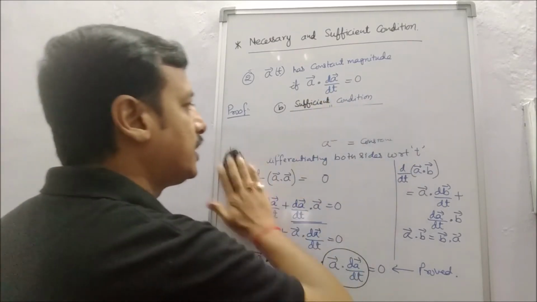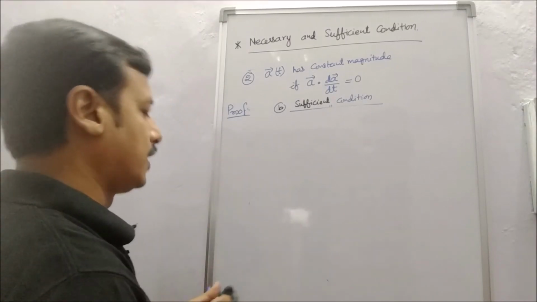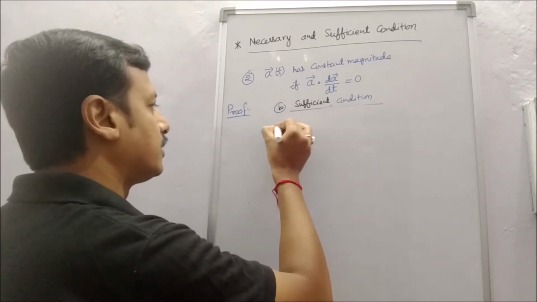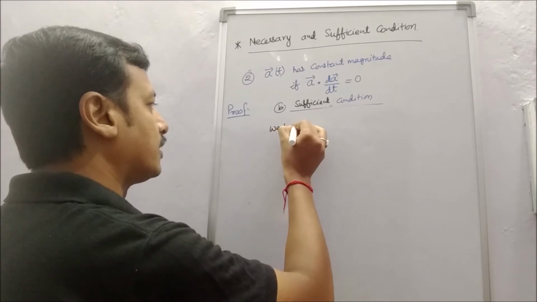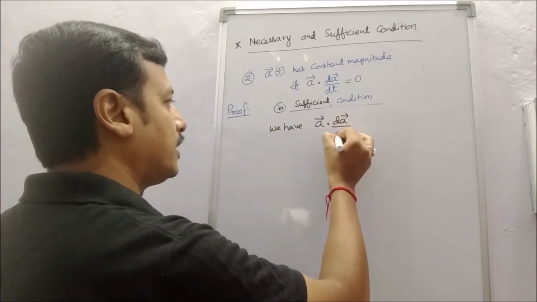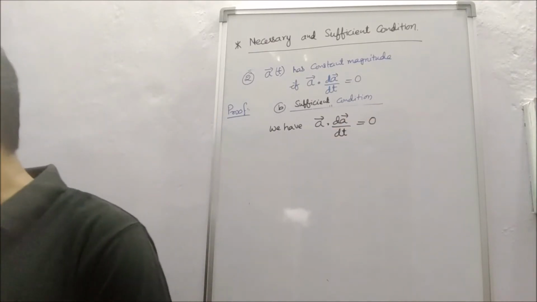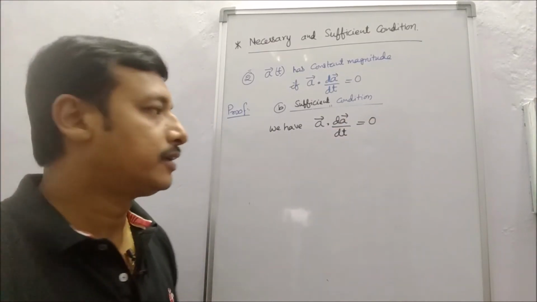So, in the sufficient condition, we have A dot dA/dt is equal to 0, and we are going to prove it.